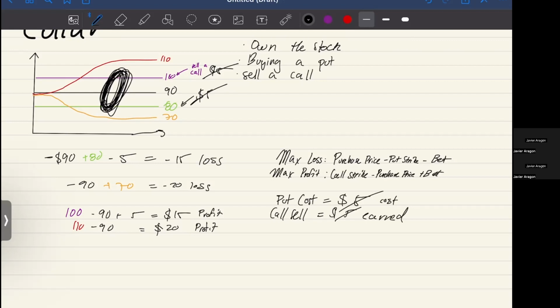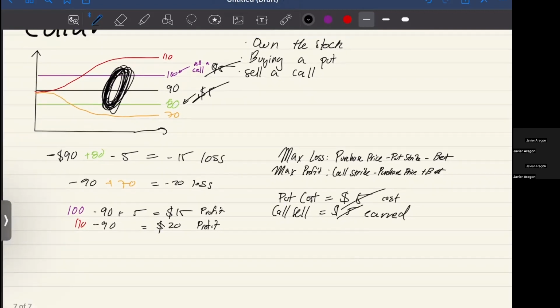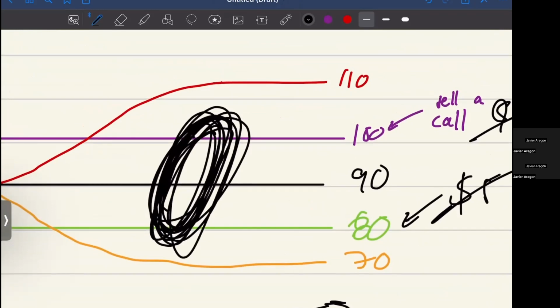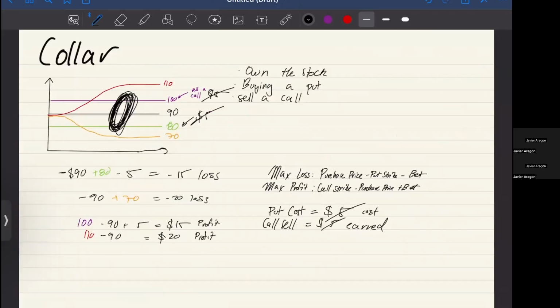So you're not putting yourself in an obligation to sell just because you want to. It's mostly because you want to finance your insurance, essentially. So that's a little bit of the collar. As you can see, that is the collar itself. And yeah, that's a very quick recap of stock strategies.